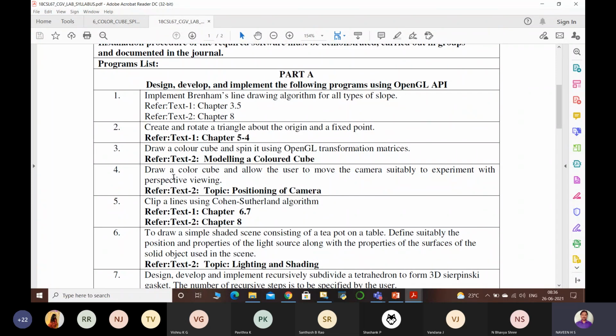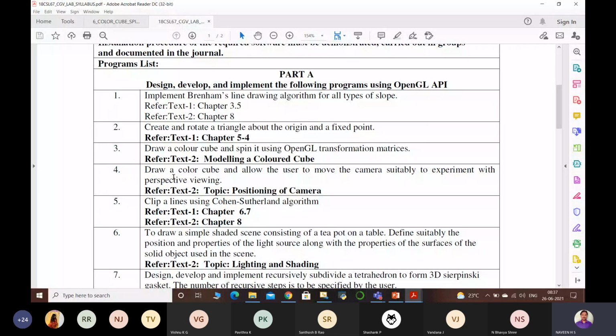If you build and run the program, you directly get a pop-up window, where your cube starts spinning in the default position. Using either keyboard or mouse interface, we have to spin the cube in different directions, the X direction, Y direction or Z direction. That is all about your third and fourth programs.